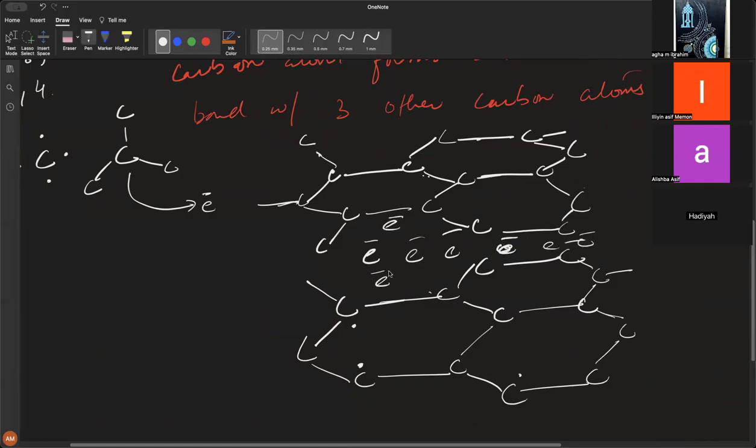You understand, everyone? Or should I draw it with another color? Eileen, are you able to get it? Yes, all of them go between these carbon layers.